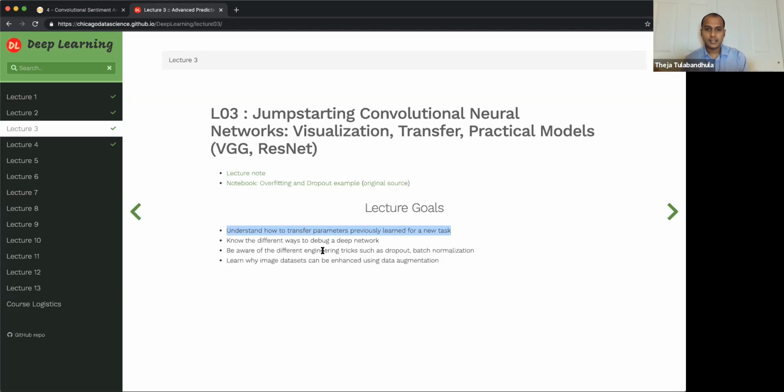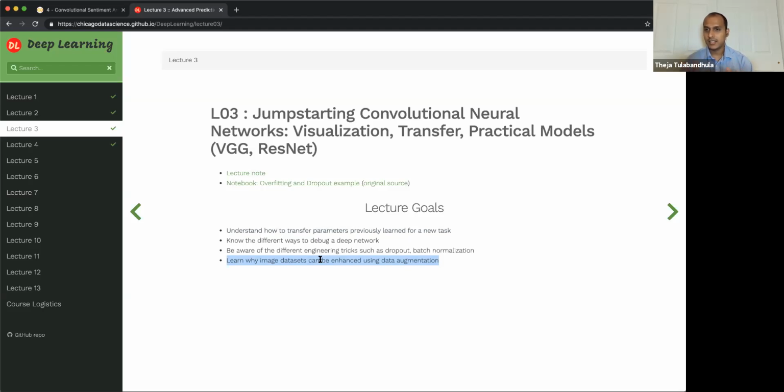And then the third part that was the goal of the last lecture was to understand various additional techniques, such as dropout as a regularization technique and batch normalization as a way to stabilize the training of the network. And we also looked at one more technique, not specific to models, but to image type data, which is called data augmentation.